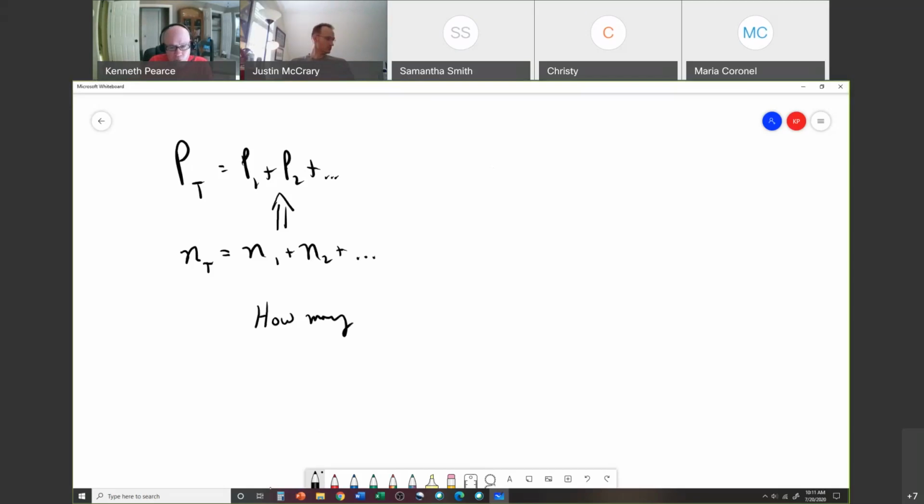How many atmospheres? And let's see, let me make that mixture look a little better. Mixture of, let's say, 8.00 mole methane, CH4. That should be a 4 there.